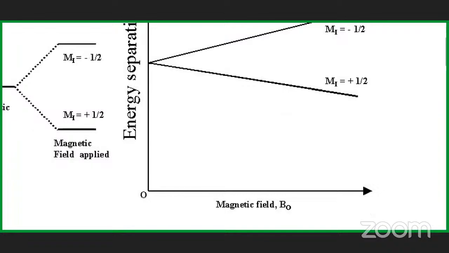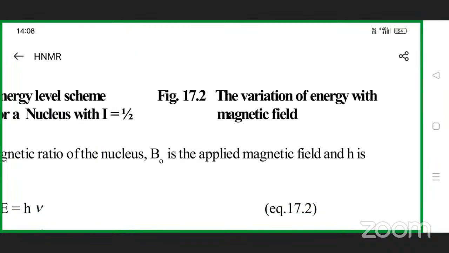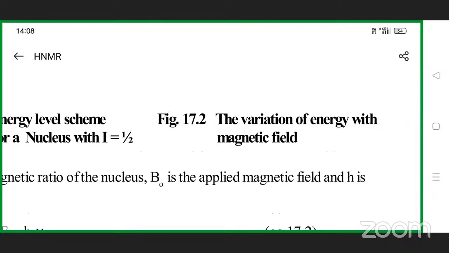Some are oriented in the upward, aligned direction, where the spin quantum number is plus half, and some electrons are oriented in the opposite, anti-aligned direction, whose spin quantum number is minus half.